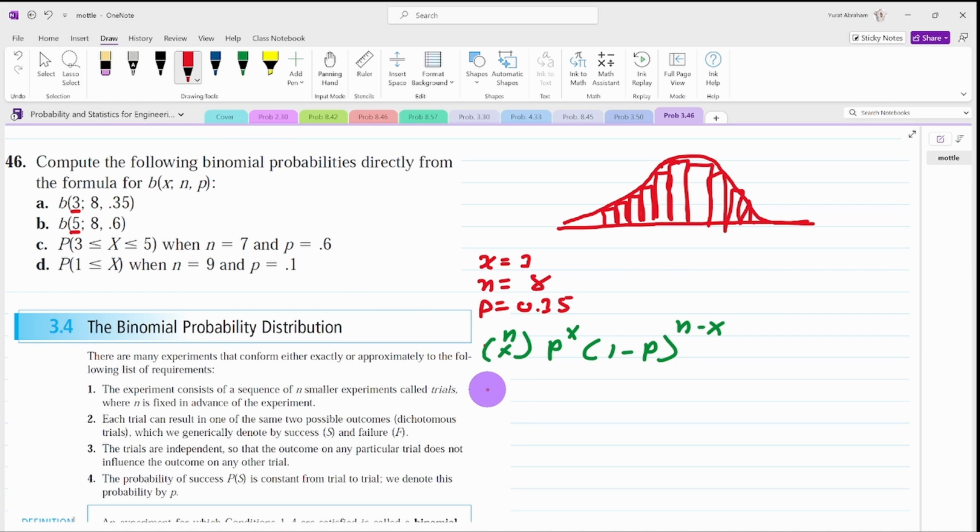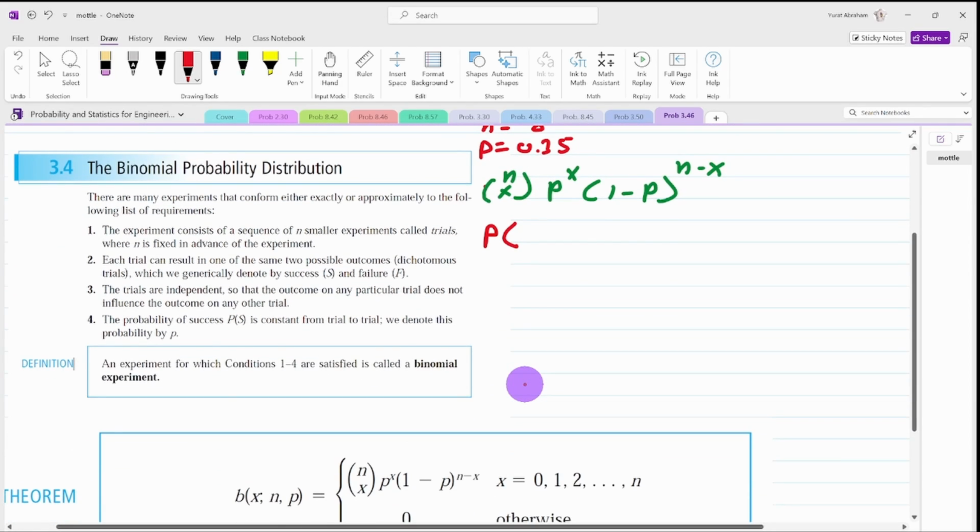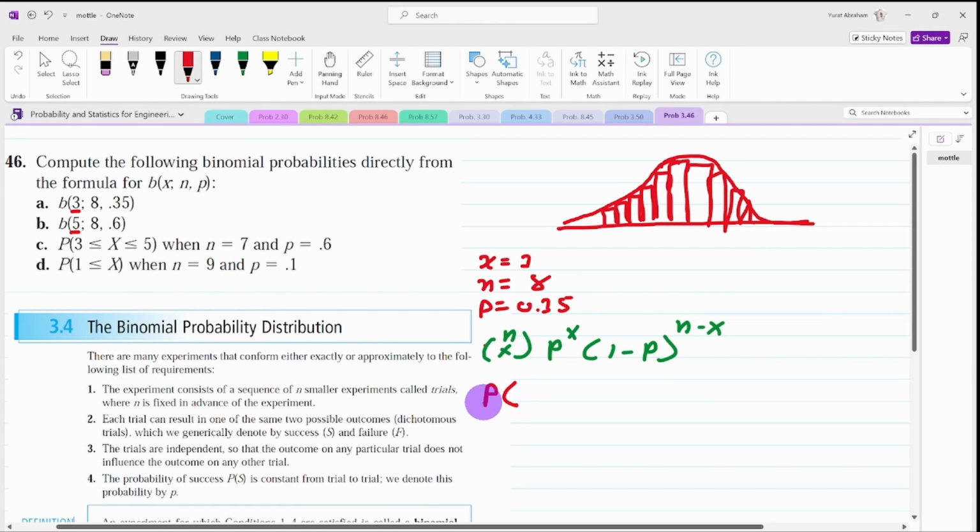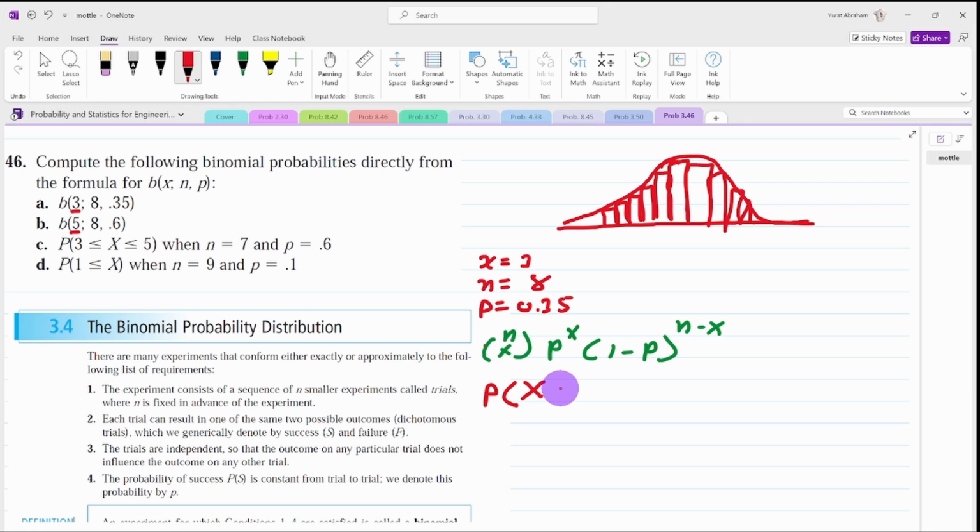So for part A, it's going to look like this: capital P, and by the way, this is a lowercase p. Capital P of capital X equals 3 equals the formula on the top, where n is 8 and x is 3.